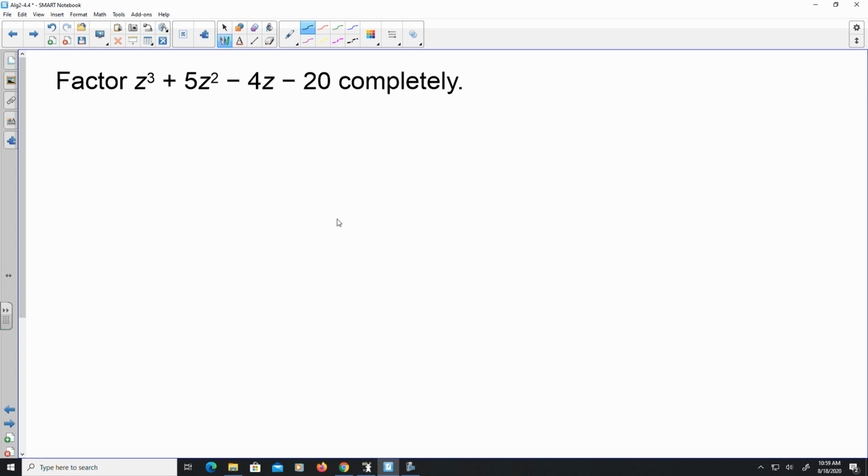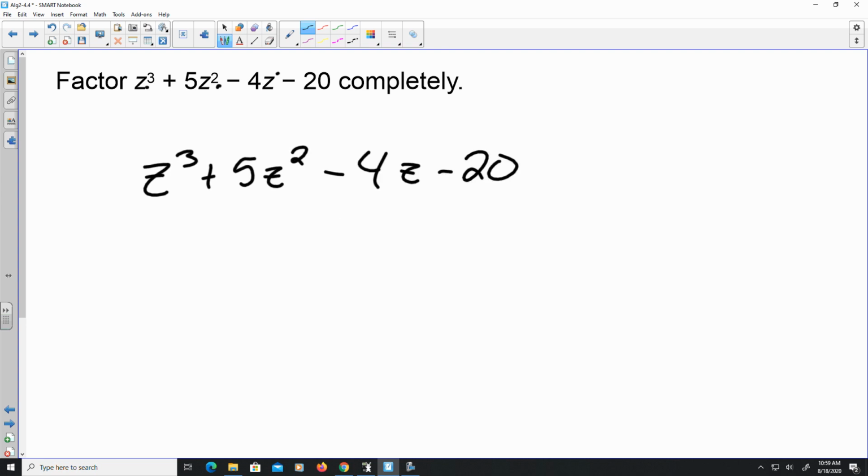Here we have a four-term polynomial, so we have to go by grouping. Again, remember, anytime you are using grouping, you have to make sure it's in standard form. So 3, 2, 1, constant, we're good there. I always rewrite it, even though it is in fact in standard form, to help you with the signs.